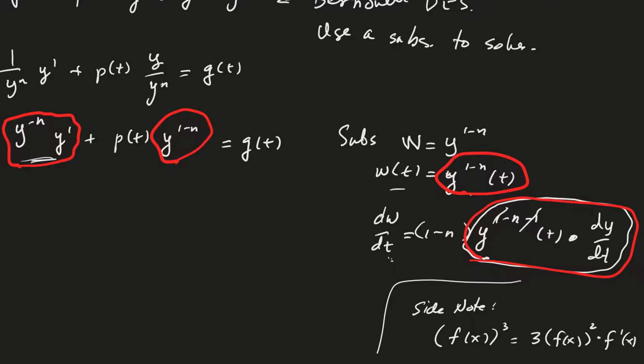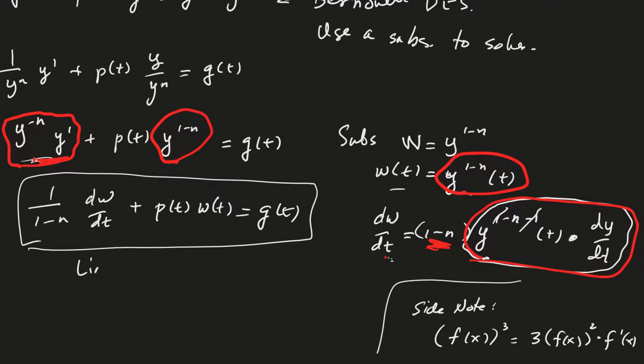So let's see if I can rewrite this now. dy over dt times y prime is equal to 1 over this times this, so this is going to be 1 over 1 minus n times dw over dt plus p of t times w of t equals g of t. And what do you see here?